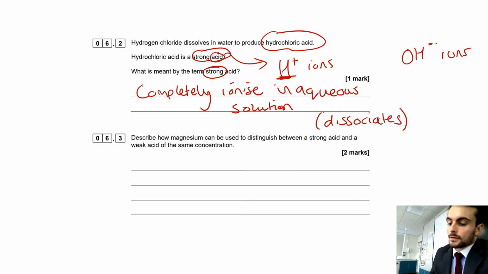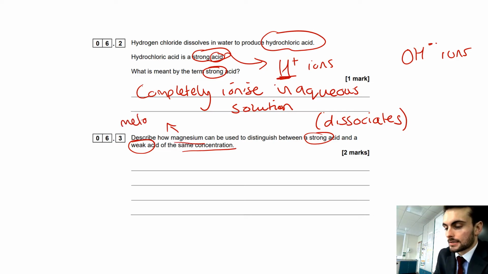Next question. Describe how magnesium can be used to distinguish between a strong acid and a weak acid of the same concentration. So we're talking about a metal reacting with an acid. What happens when metals react with an acid? If you remember, they produce hydrogen gas and they will fizz depending on how reactive the metal is.